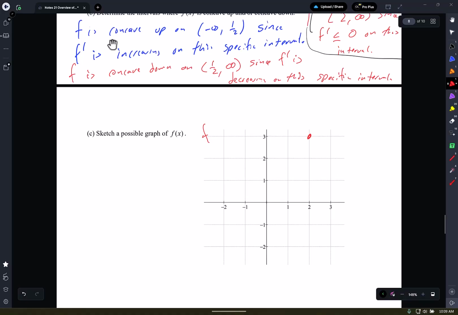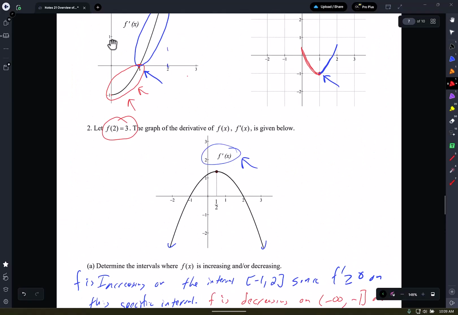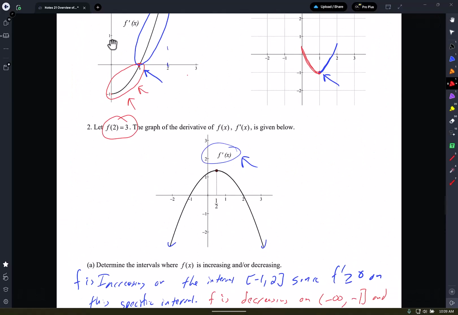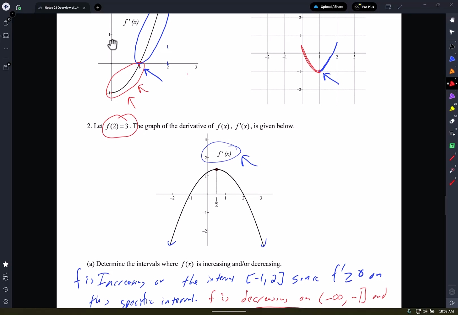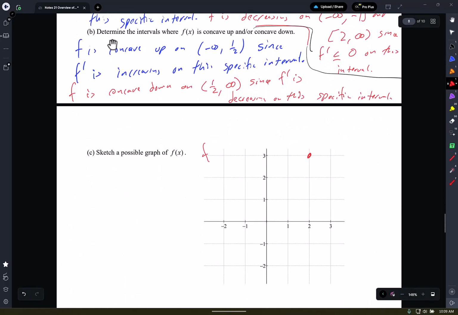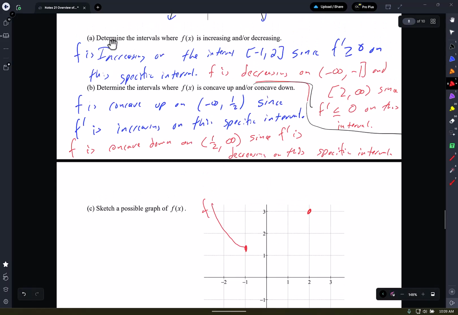They didn't put where I'm going to be at. So decreasing, horizontal tangent, concave up. I'm going to say I'm right here. See? Decreasing, concave up. We're still okay, guys?